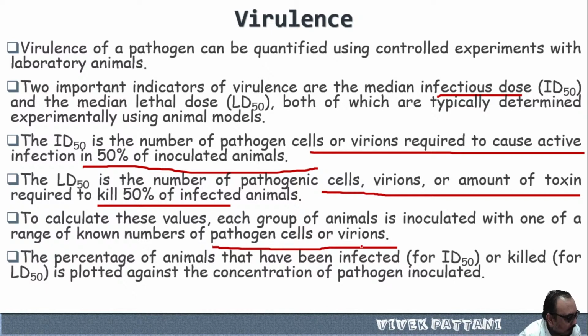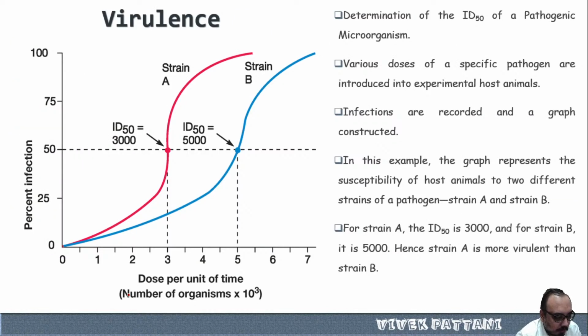A known concentration or known numbers of pathogens and variants are administered into the animals, and the percentage of animals that have been infected for ID50 or killed for LD50 can be plotted against the concentration of pathogen inoculated. So basically, the determination of ID50 of a pathogenic organism.